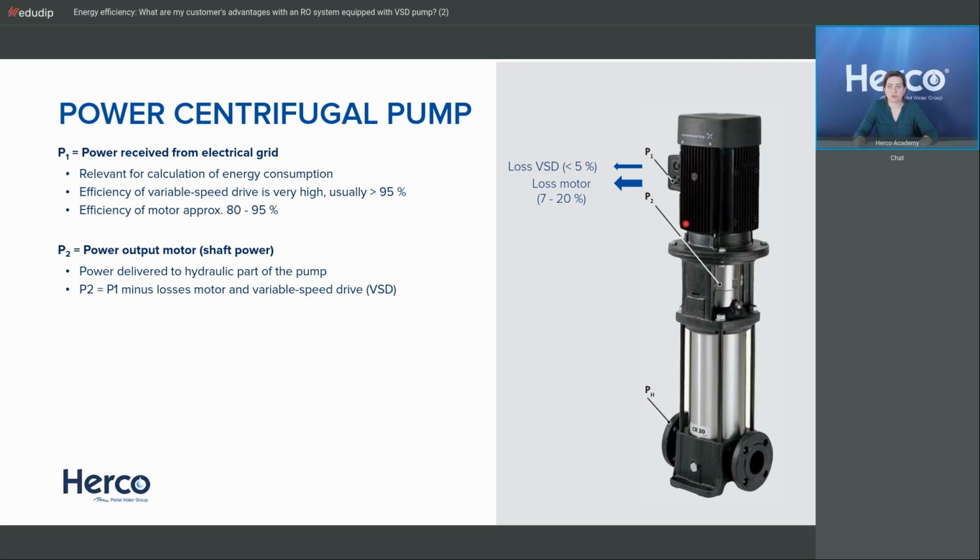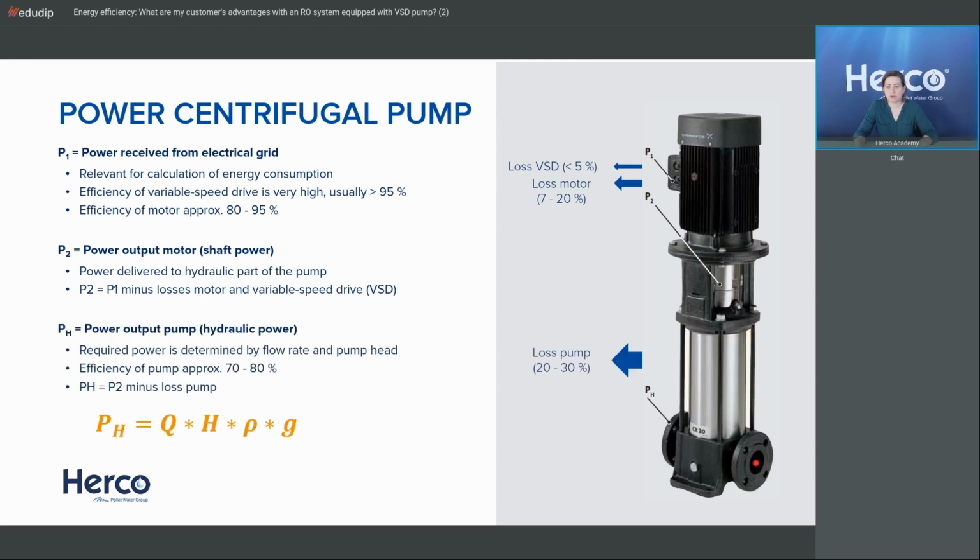So after these two losses, we have the power output from the motor, also called shaft power. This is P2. And this goes into the pump, and then the pump produces a certain hydraulic power. What the pump needs to produce depends on the flow rate, which is Q here, the geodetic height, or the height of the pump, designated as H, the density of the water, which is usually constant, and g.